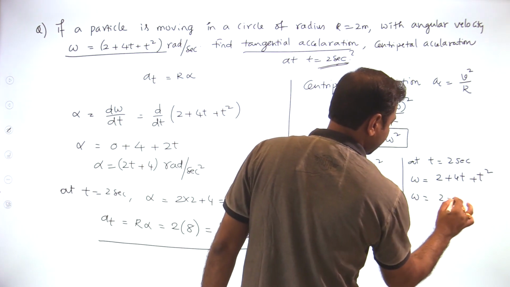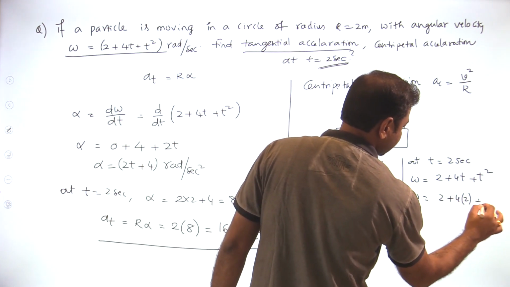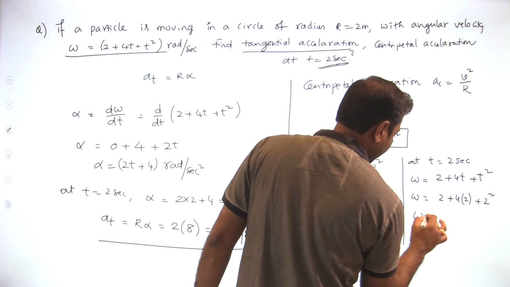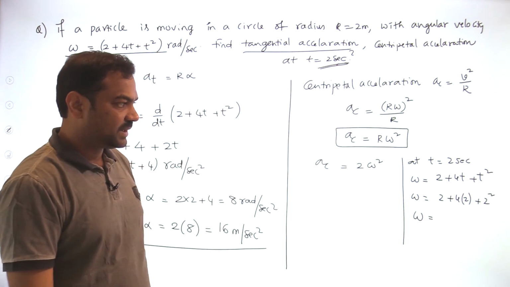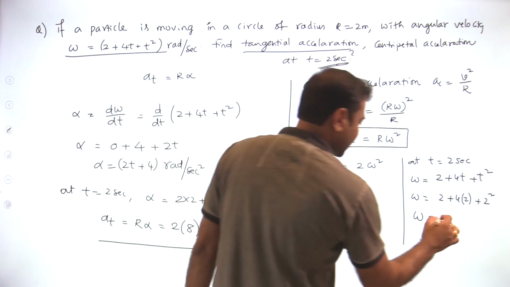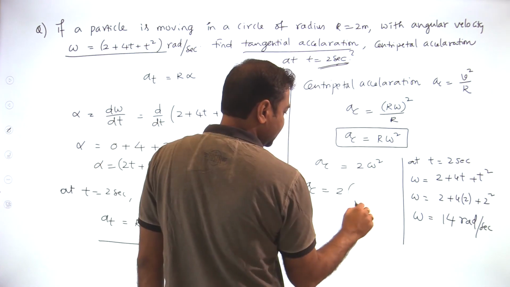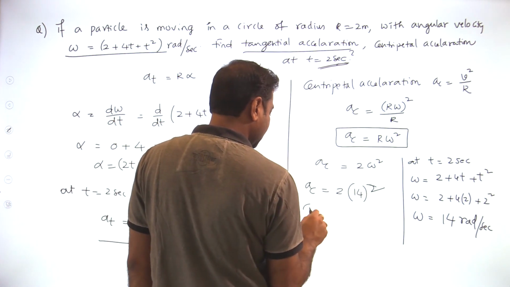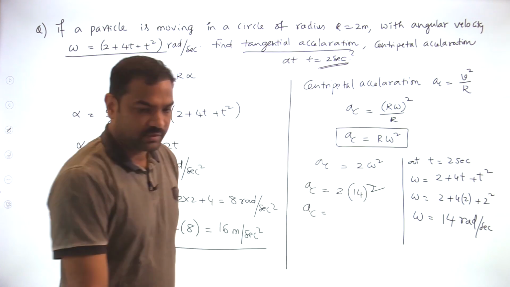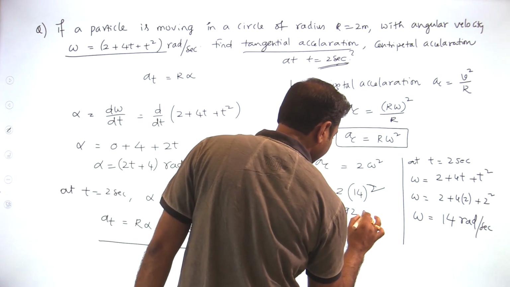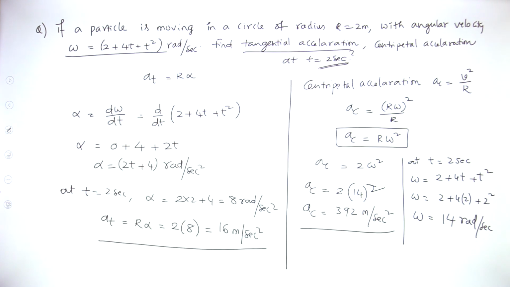So omega is 2 plus 4 into 2 plus 2 square. That is 2 plus 8, 10, 10 plus 4, 14. Omega value is 14 radian per second. So 2 into 14 square. What will the centripetal acceleration become? 14 square is 196, so it is 392 meter per second square. So this is the centripetal acceleration, and that was the tangential acceleration.